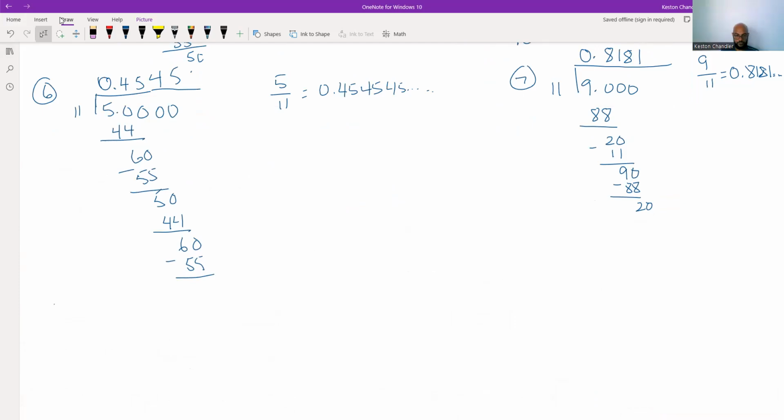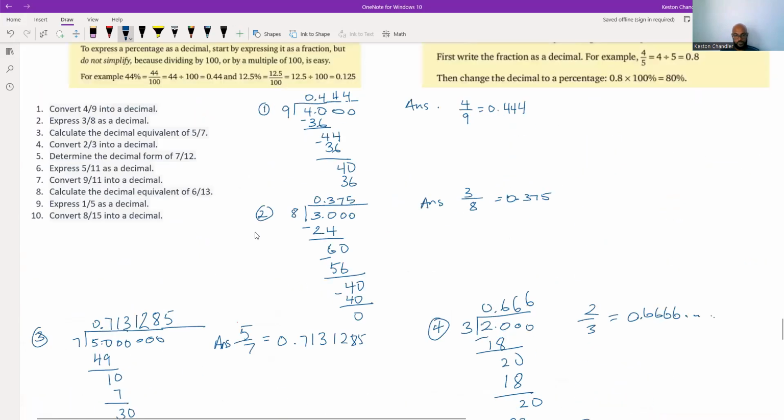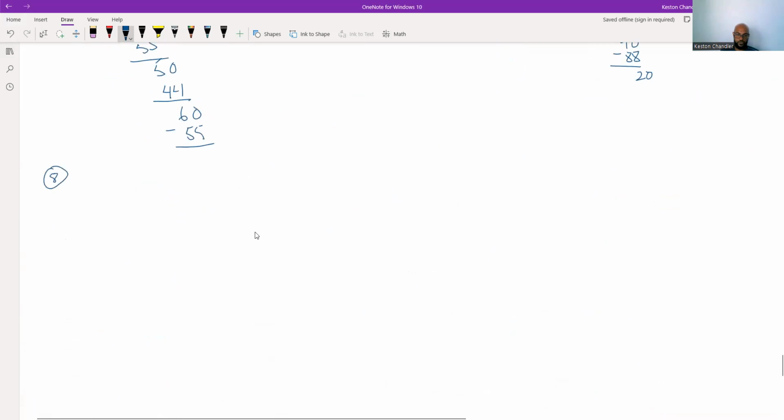Number 8. 6/13ths. So the 6 goes on the inside, 13 on the outside. 13 by 2 is 26, by 3 is 39, by 4 is 52. By 5 is 65, which will be too much. So 4.